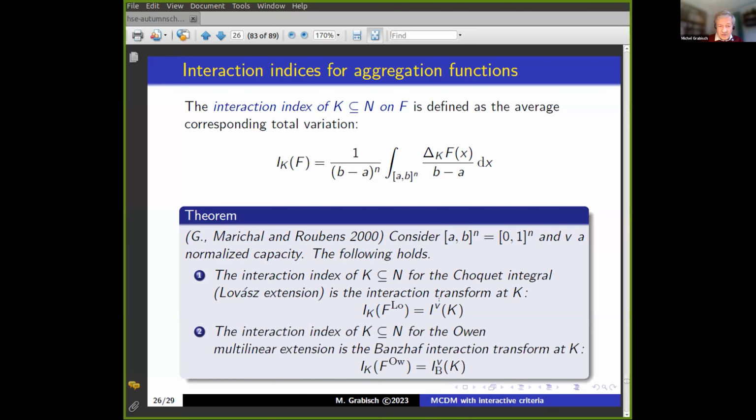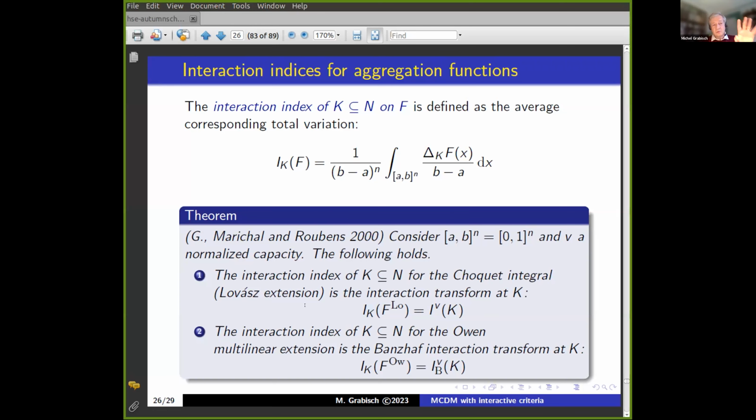Now, if you take the multilinear extension, so you replace f by the multilinear extension, then what you get is the Banzhaf interaction index. And this is extremely interesting because it says the following. You have several possible definitions of interaction indices, but this theorem tells you which one you should take depending on your model.